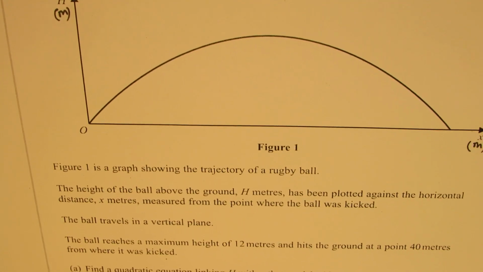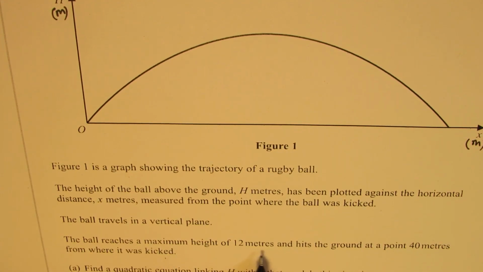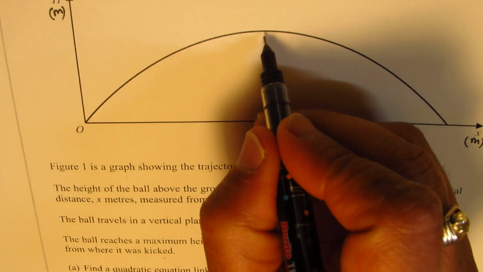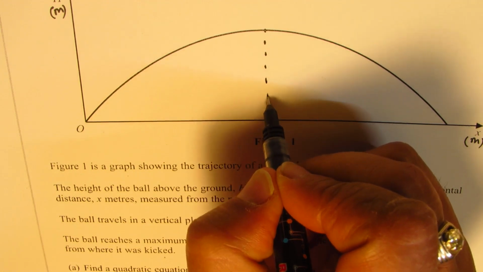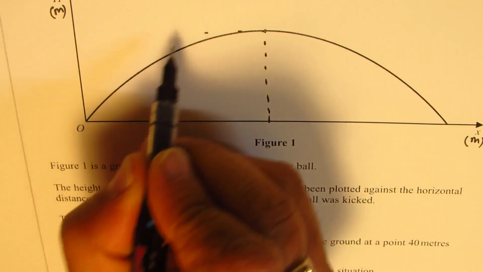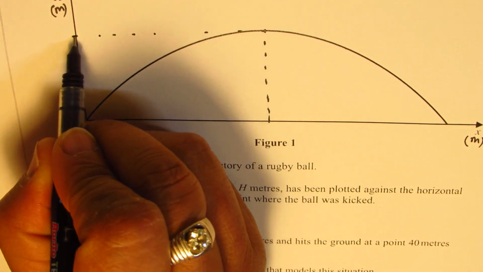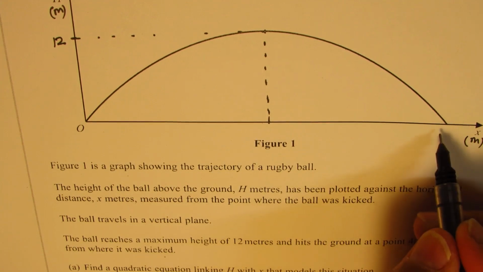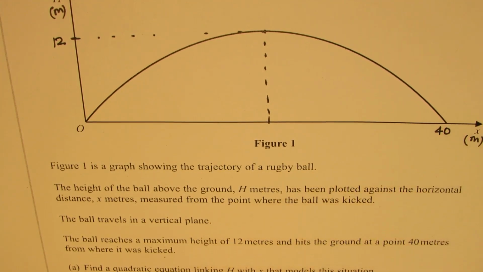The ball reaches a maximum height of 12 meters and hits the ground at a point 40 meters from where it was kicked. So right in the center, it is going to reach the maximum, which is 12 meters, and that is the 40 meters mark.